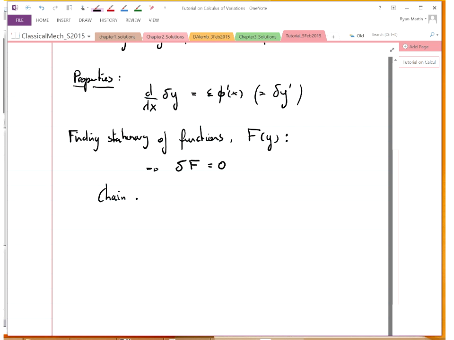And recall for the chain rule, delta of f of y would be partial f by partial y delta y.